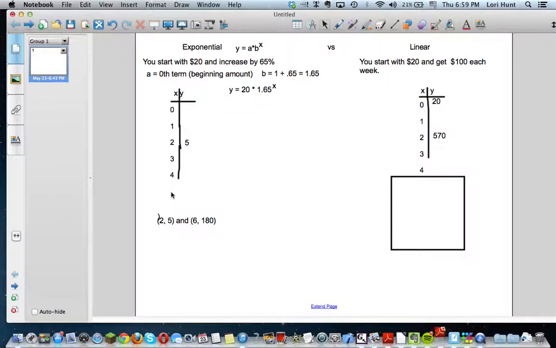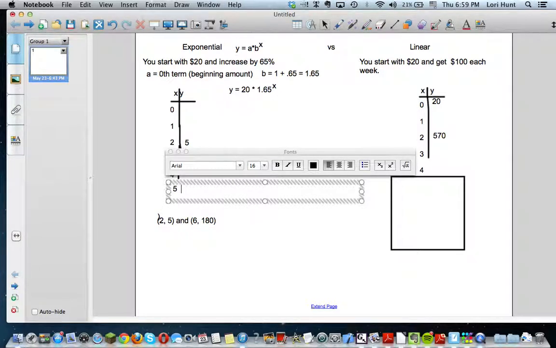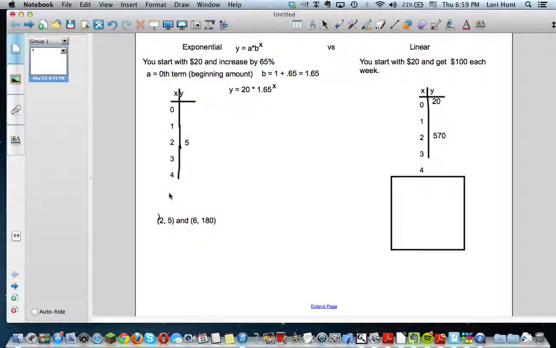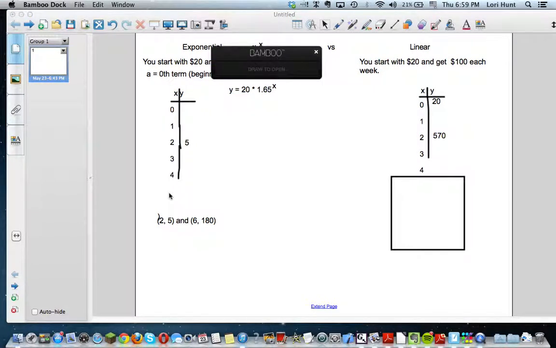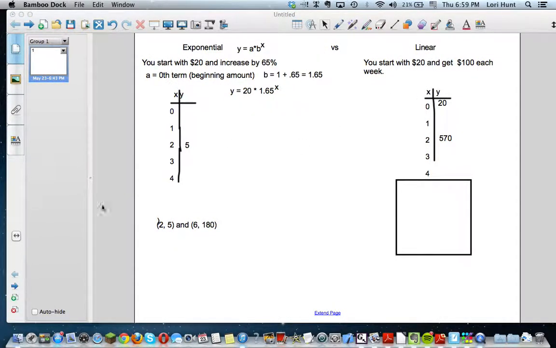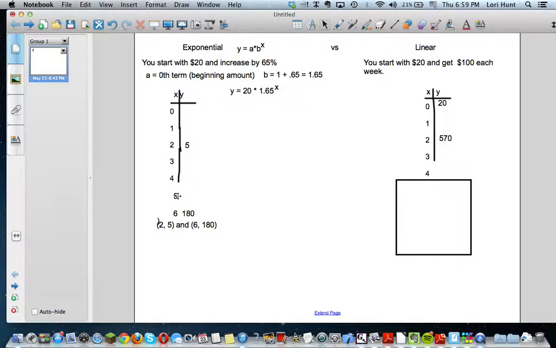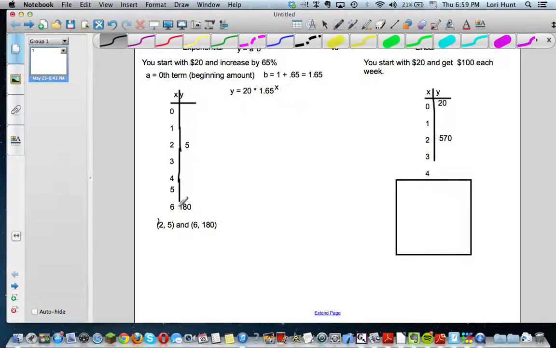And then I know that the point (6, 180) exists, so I'm just going to put that on my chart and extend my line a little bit so that I have that on the chart.